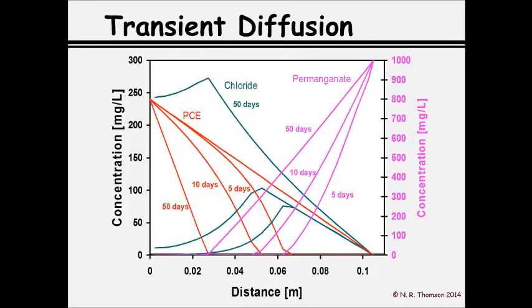If we look at some of these profiles, on this plot we have the length along the x-axis. On the left-hand side, I've plotted the concentration of PCE, and on the right-hand side, the concentration of the oxidant. At the start here is the profile of the PCE.